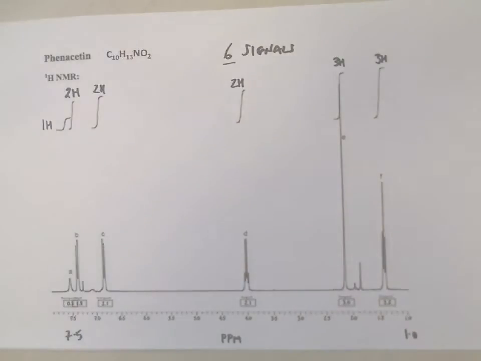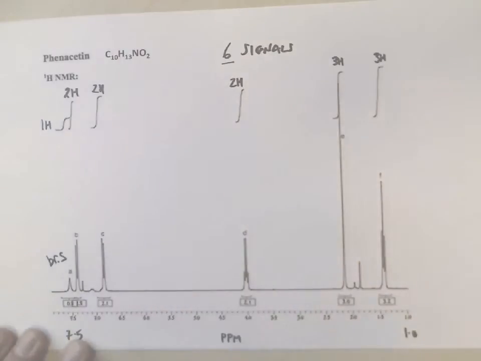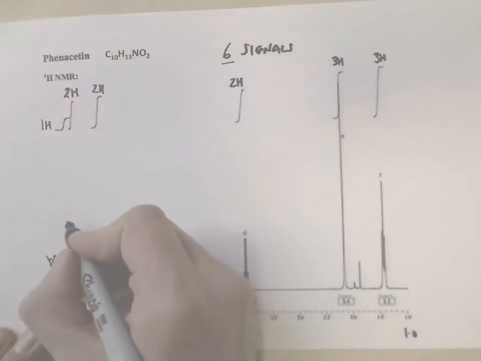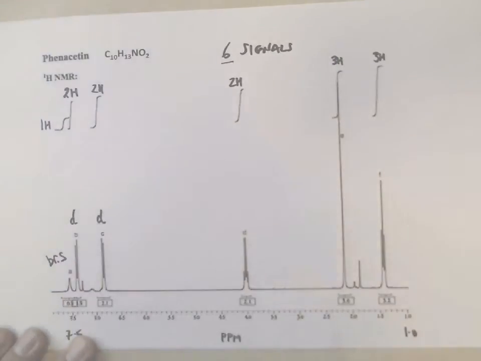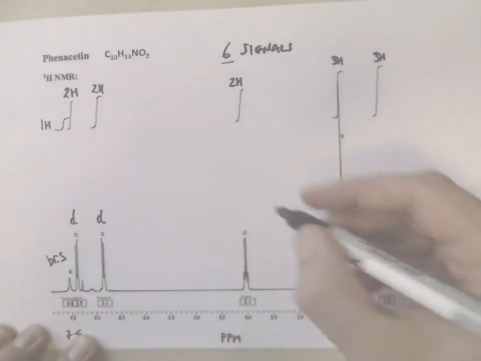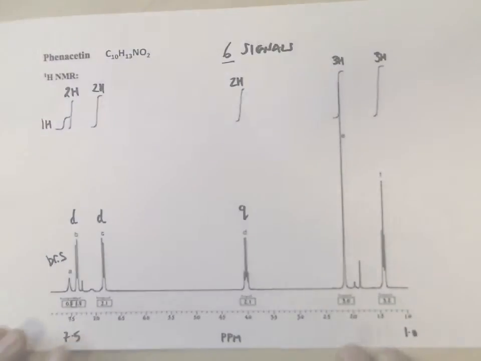Then we also have splitting to consider. This first peak over on the left hand side is very broad, so we call that a broad singlet because it hasn't split at all. B is a lovely doublet. C is also a doublet. D in the middle here, although it's a little bit fuzzy, is a quartet.